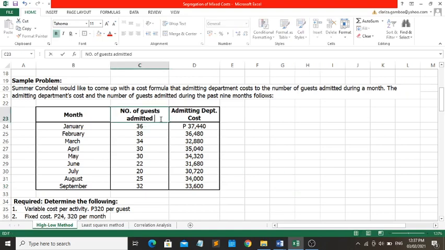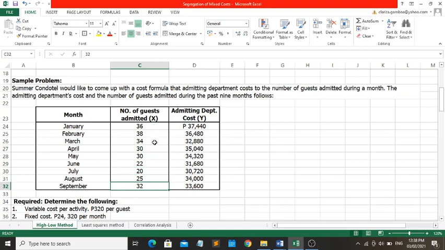Okay po. So, ito ang ating X or the cost driver at yung cost, yan yung ating Y. So, tignan natin yung data na binigay from January to September. Then, dito kayo titingin sa X kasi ito yung magiging basis nyo. So, meron tayong 36, 38, 34, 30, 22, 20, 25, and 32.